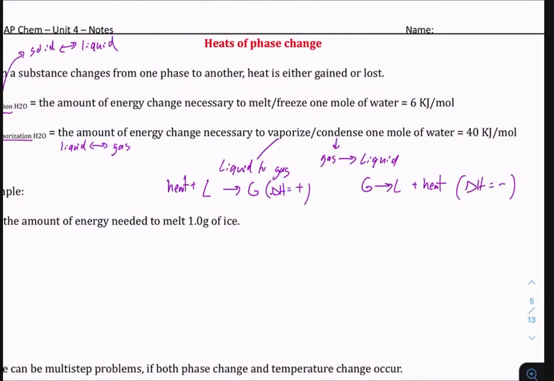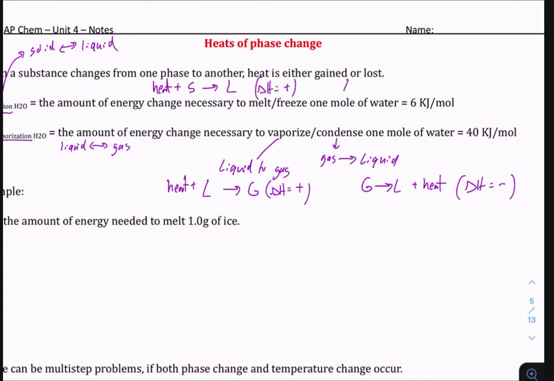When we're talking about heat of fusion, if we go from solid to liquid, you're talking about melting. So is energy required or released to melt something? It's required. So heat would be a reactant in that instance. And so the delta H for a process like that would be positive, right?